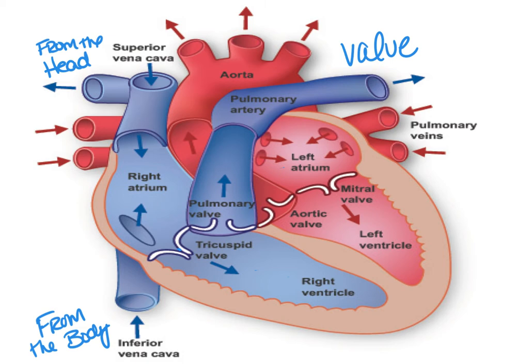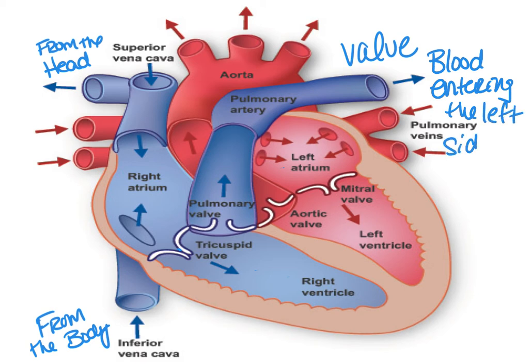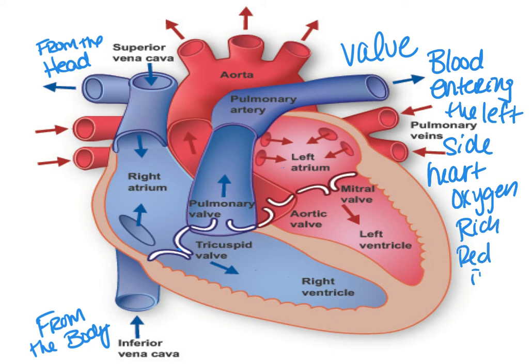It gives those red blood cells that red color. And so that's why when blood enters the left side of the heart, it is oxygen rich and red in color.